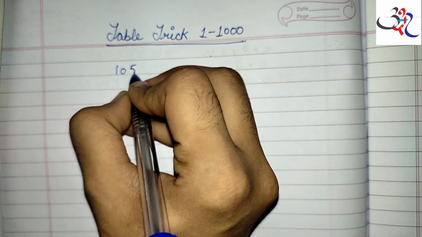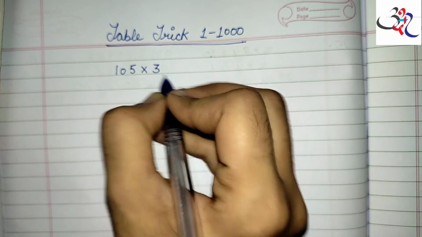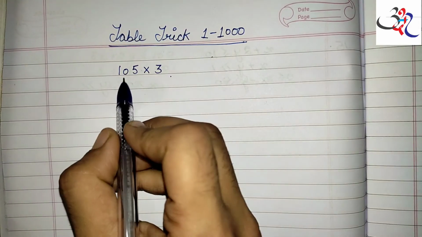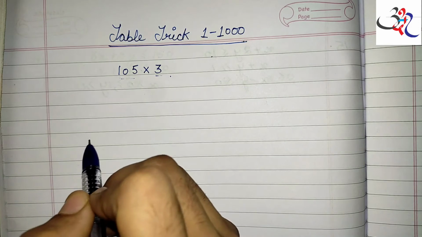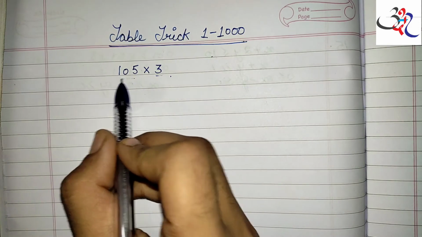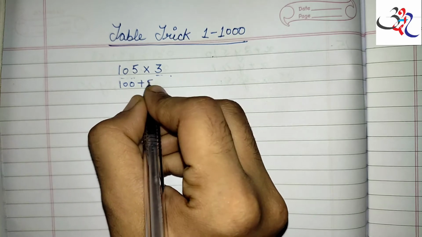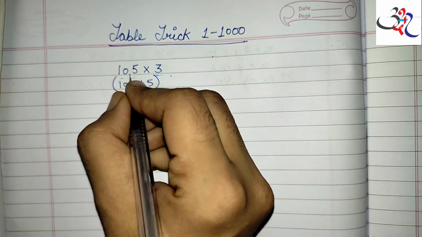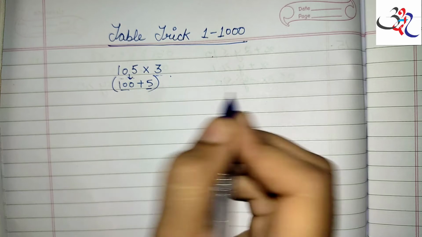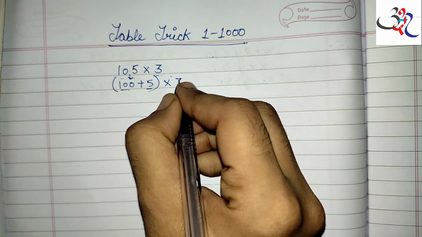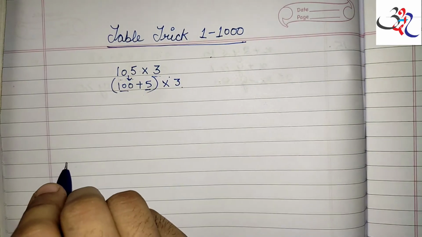Suppose you have to do multiplication of 105 by 3. You have to remember the table of 105 by 3, right? So what you have done in your class 9th, that you divide 105 into two parts, 100 and 5, and then do its multiplication by 3, right?